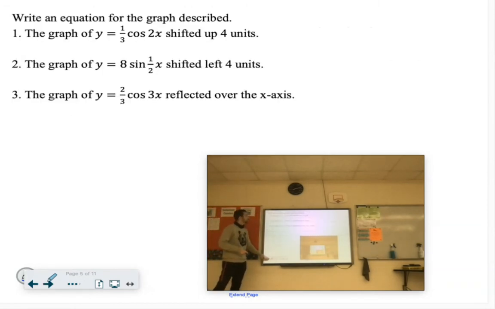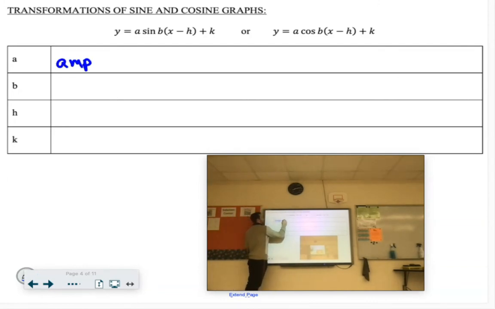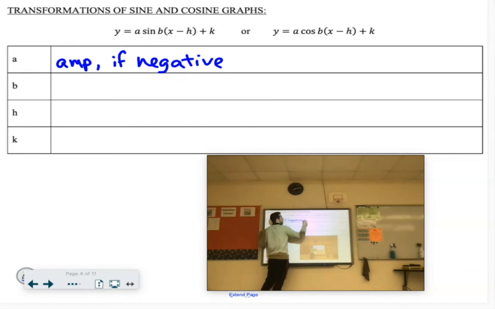Okay, now we're going to write some equations. They look the same, except one just says sine, one says cosine. A is the amplitude, and if negative, it is reflected.